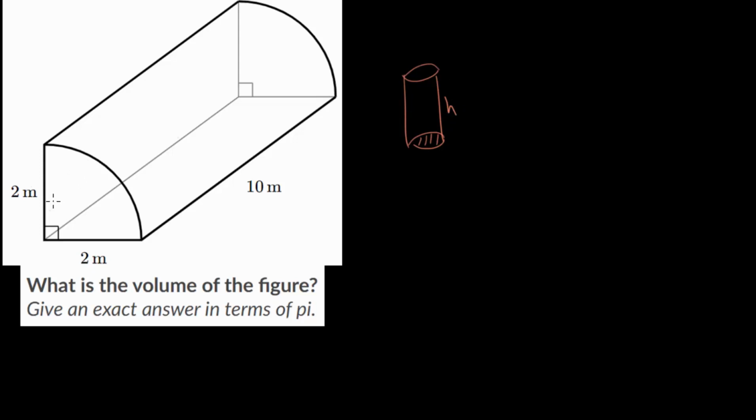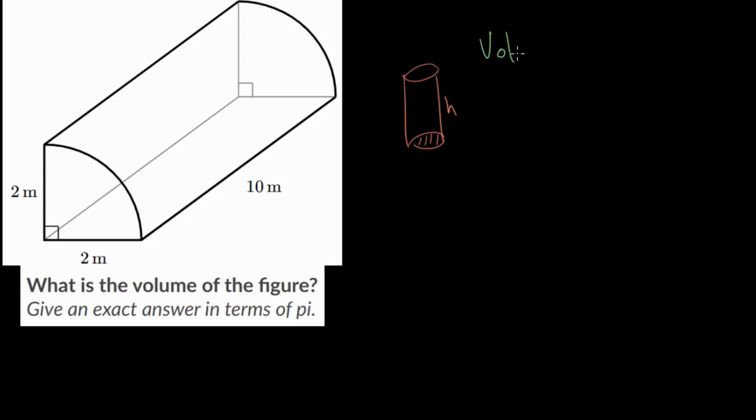The other approach is to recognize that cylinders or figures like these are very similar to prisms, and in fact their formulas work the same way. For a prism or a cylinder type shape, we take the area of the base and multiply it by the height. So let's write that down.